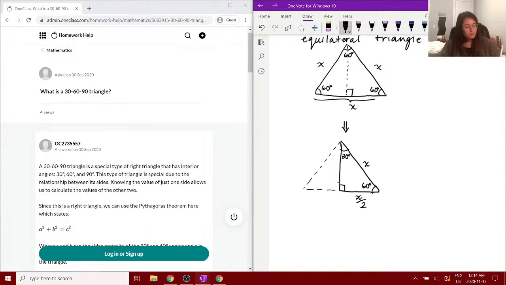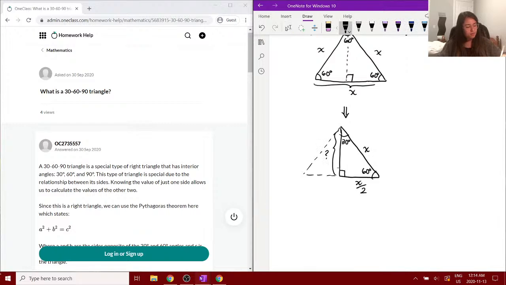Now all we need to figure out is the length of this new side, right? So what we can do to come up with the length of this side is use the Pythagorean theorem.